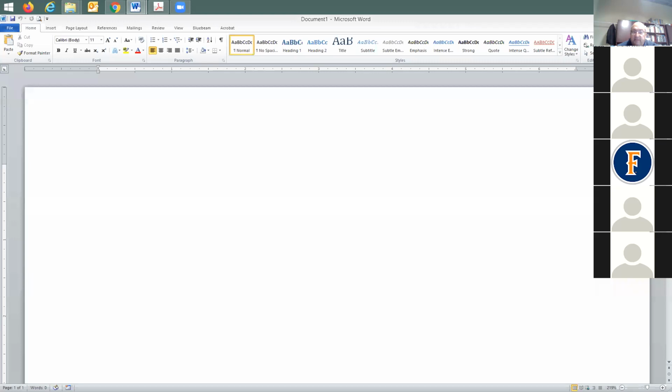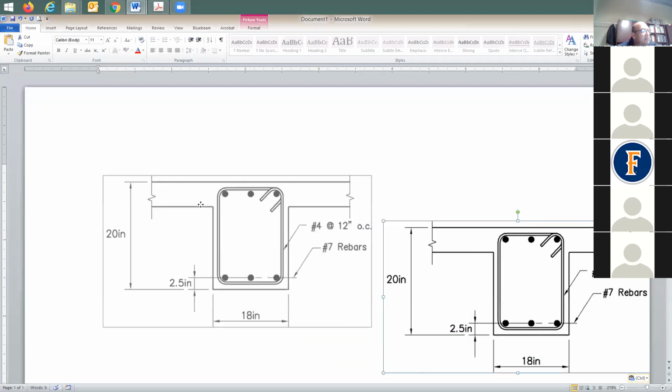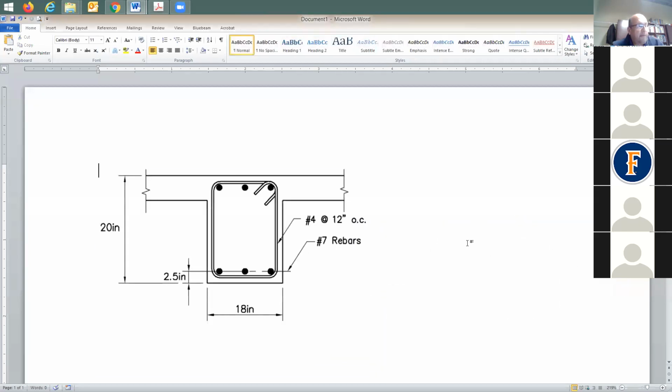Now we discussed this problem, if you guys recall, with a beam like this. You remember this beam? I guess if you look at this, the depth is going to be, let's say, 17.5. You have 3 number 7, and maybe also some top reinforcing, and also you have the flange.